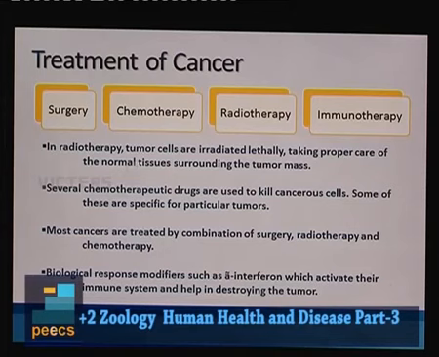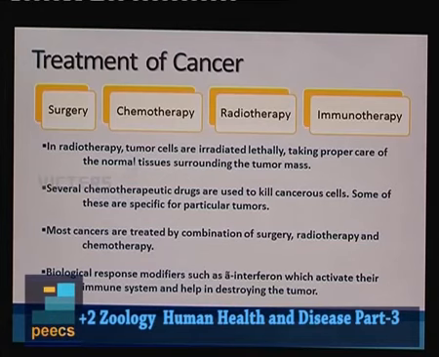Now, we are going to the treatment of cancer. Cancer can be treated in 4 different ways. There is surgery, chemotherapy, radiotherapy and immunotherapy. Surgery, of course, is removal of the cancerous cells or tissues that are malignant.